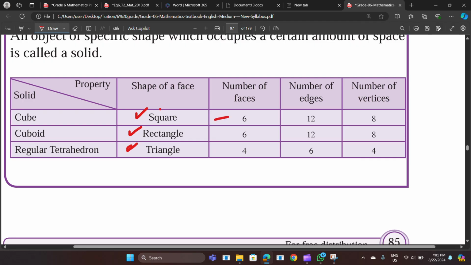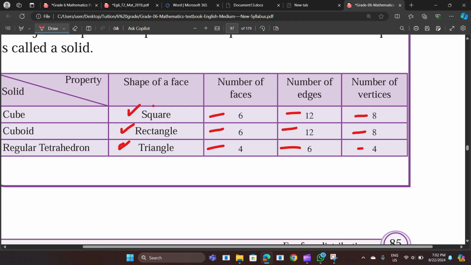Number of edges for cube, 12. For cuboid, the same 12. And for tetrahedron, it is 6. Number of vertices, 8, 8, 4. As I told you, the difference between the cuboid and the cube is the shape of the face. In a cube it is square, and in a cuboid it is rectangle.